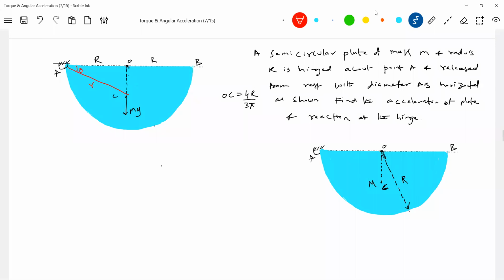If this is theta, this should be the theta. And this is the center of mass. Will there be any reaction? Reaction force, I'll call Fy like this, because capital R is what we have as a symbol. So there will be reaction force.